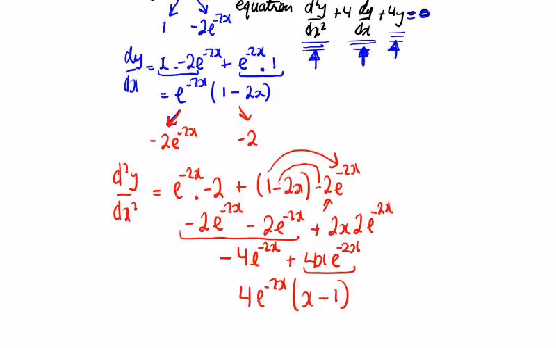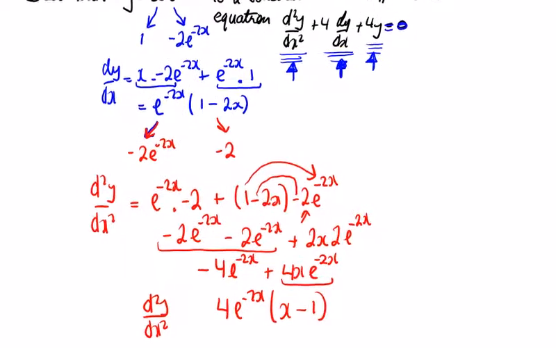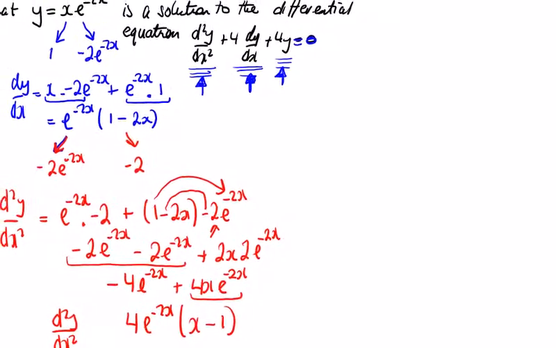Okay, if we sub these in, this is d2y dx2. So we sub them back in up here. We have our values, just let's keep them visible.